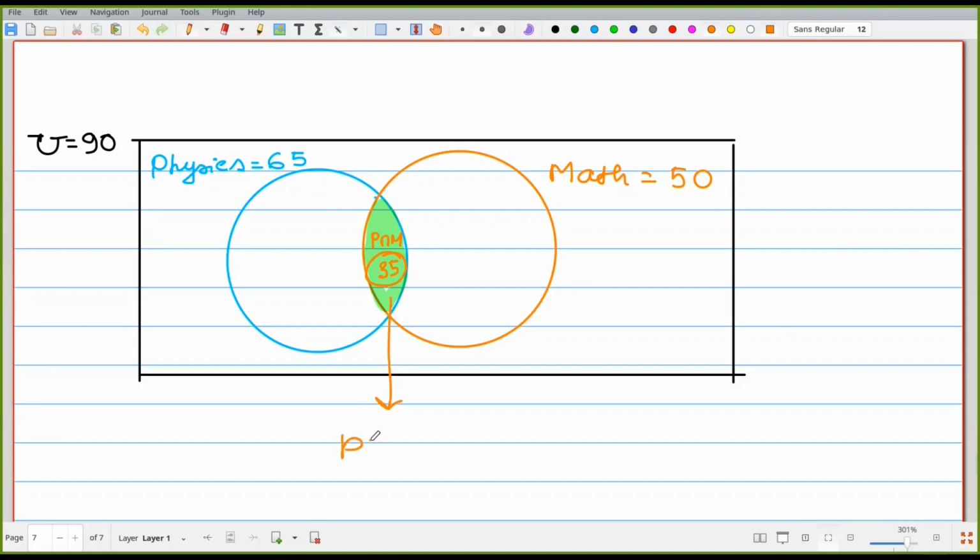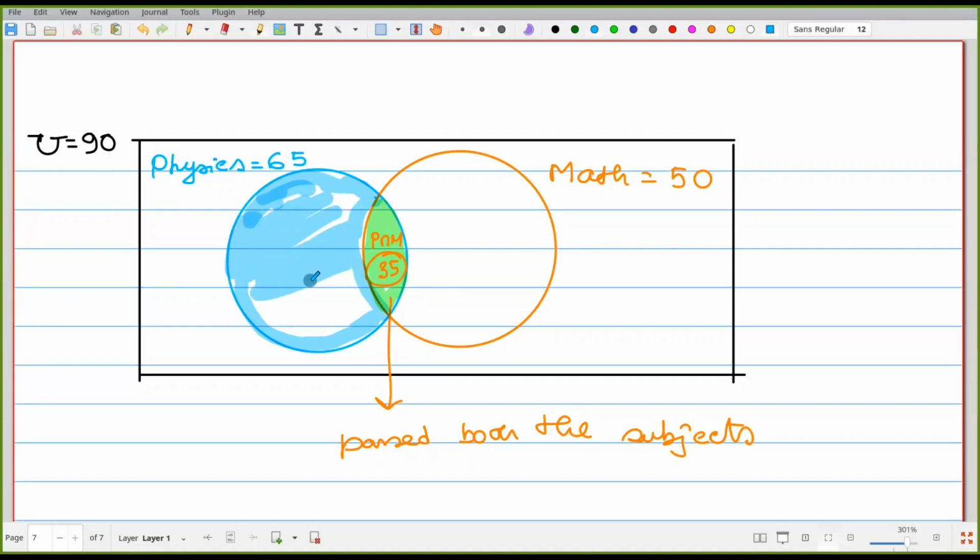So passed both the subjects. So only physics, if we consider that portion, is our only physics. So how we can say it? That one is 65 minus 35.